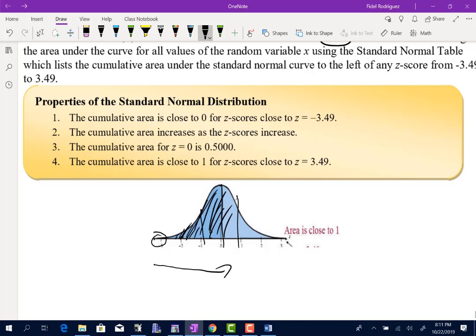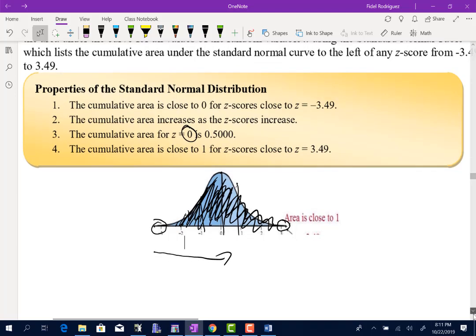And if we look at the area right about there, it's going to be close to 1, because we're actually looking at everything. Alrighty, so let me scroll down to the next page.